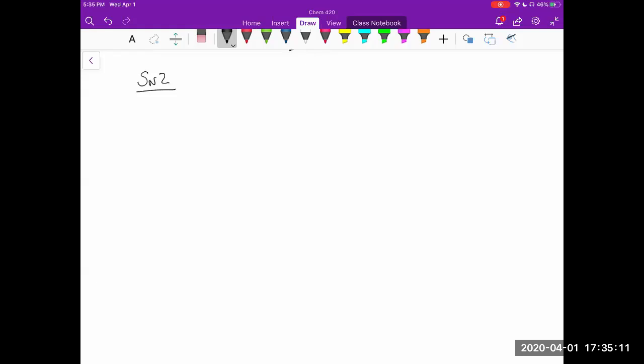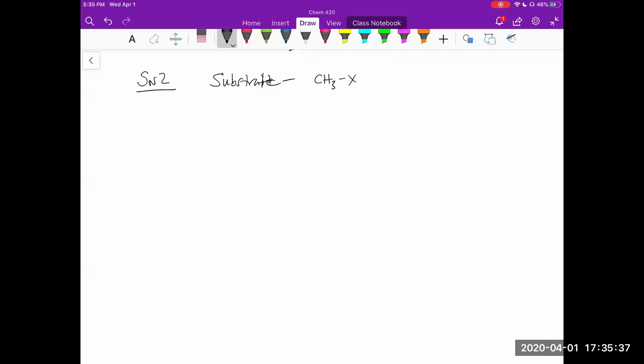As far as SN2 goes, in terms of the substrate, it is seen in methyl halides, which you're unlikely to get, that's kind of boring.